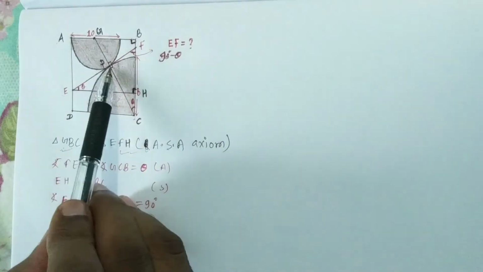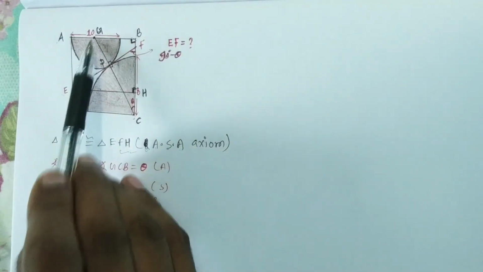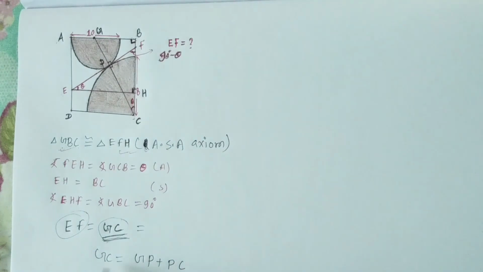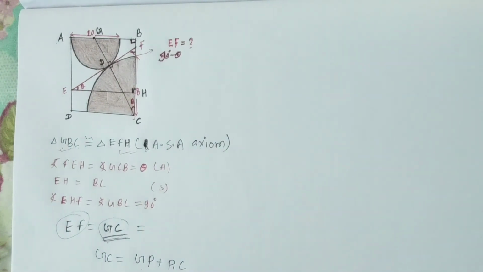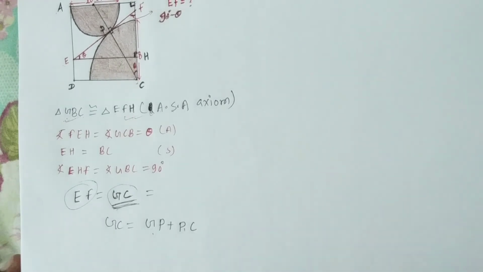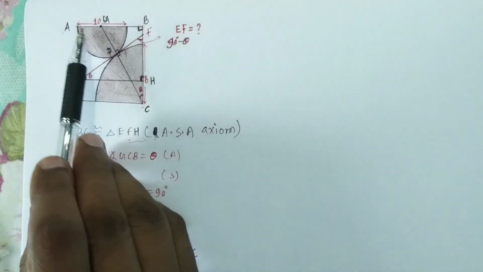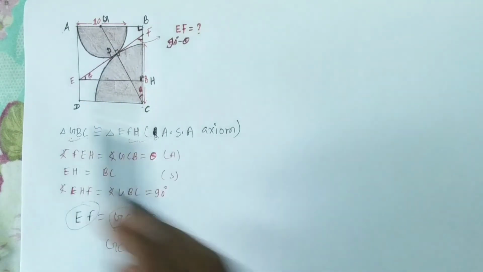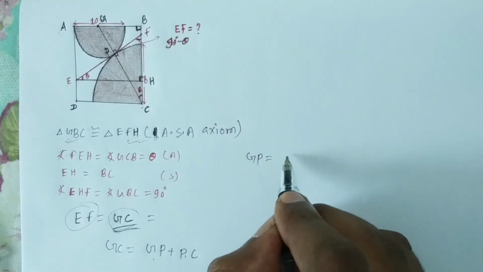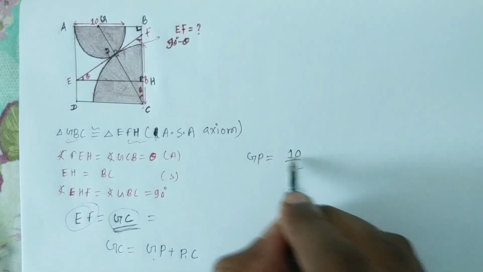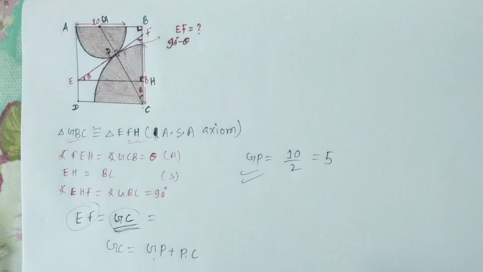If we add these two sides, GP and PC, then it forms a bigger side, that is GC. GP is the radius of this semicircle. So if we find the radius of the semicircle, GP is equal to diameter by 2, means 10 by 2, that is 5. So GP is 5 here.